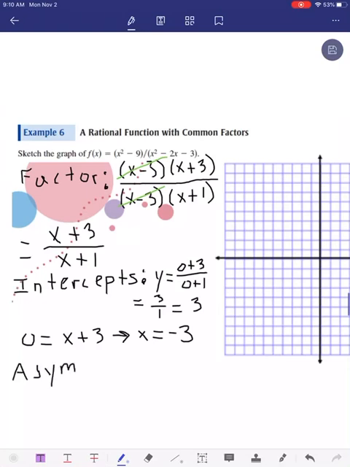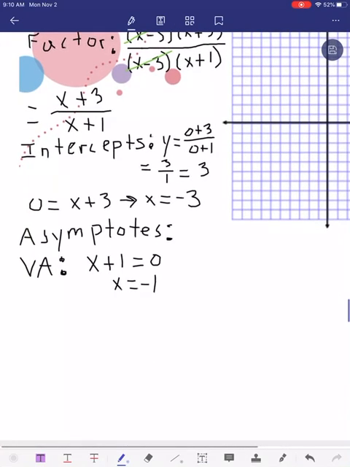Next up, we want to look at our asymptotes. Our vertical asymptotes first. Notice I'm going to set my denominator equal to 0, so we get x equals -1. For our horizontal asymptotes, we need to look at our degrees. And so notice that n is 1 and d is 1.